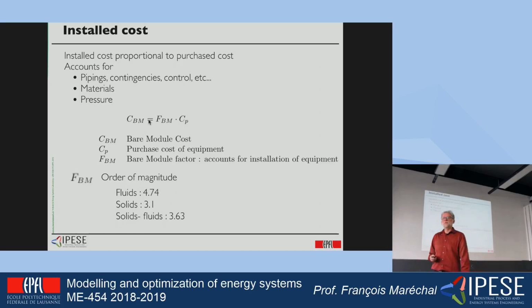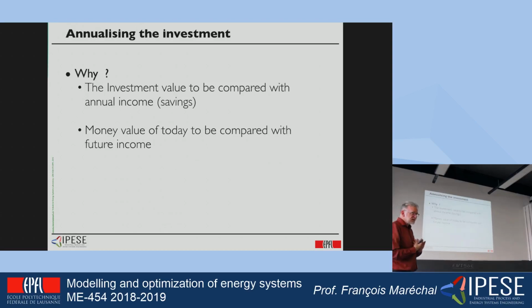Which means that I also have to be able to compare the money that I have to spend to buy an equipment today with the money that I will spend over the lifetime of my equipment, which will change with time and with the value. So it means that I have to account for this time dependence of the money.